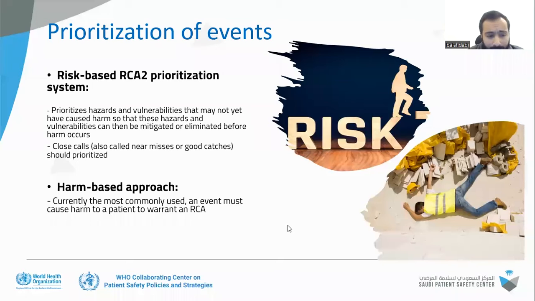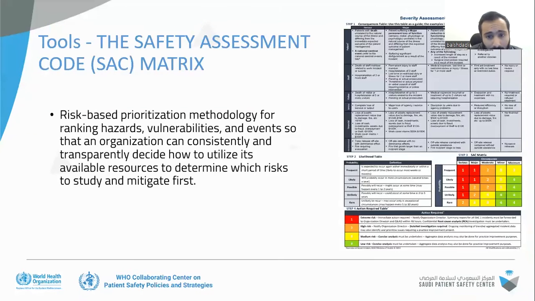So if we look to the next slide, there are multiple safety assessment metrics in the market. So it's a very good idea to have a risk-based prioritization methodology to rank these safety events.